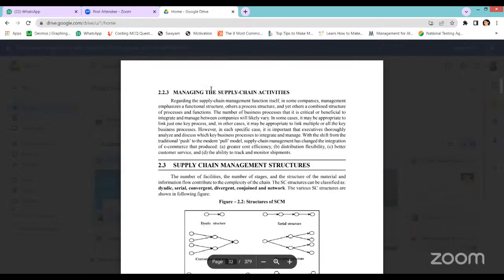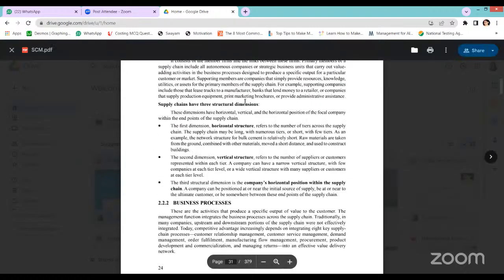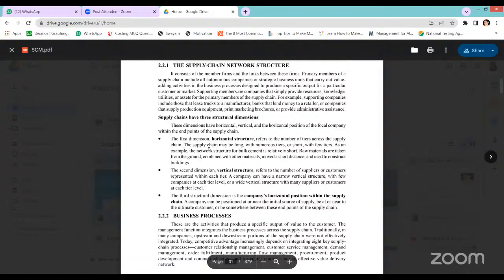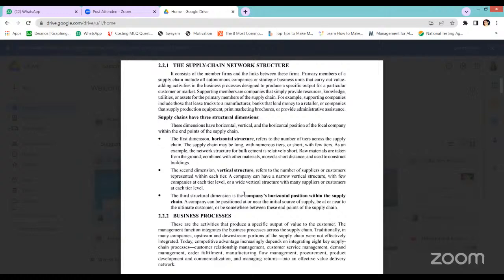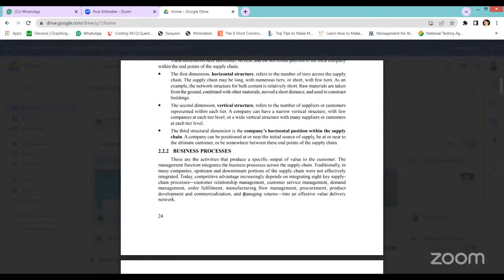The next one is managing the supply chain activities. How do they manage these activities? Integration. The first one is structure, the network structure, where you may maintain a horizontal structure, a vertical structure, or position yourself between the manufacturer, the supplier, and the consumer.